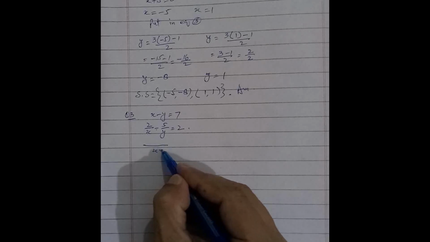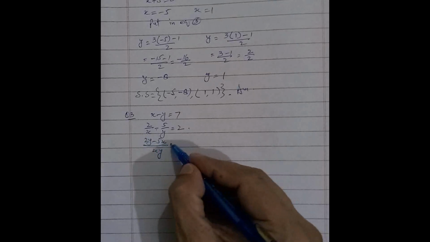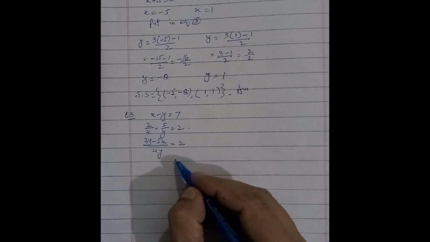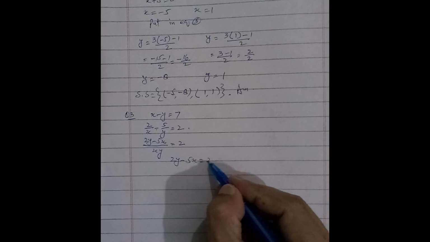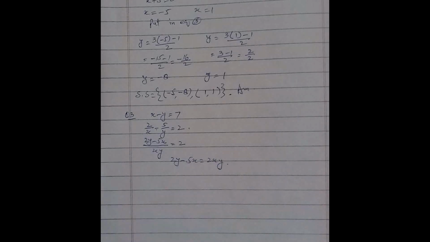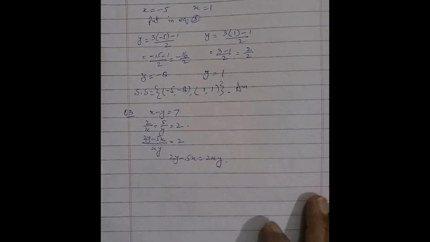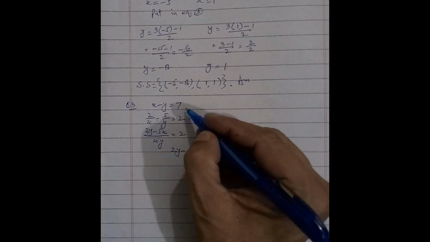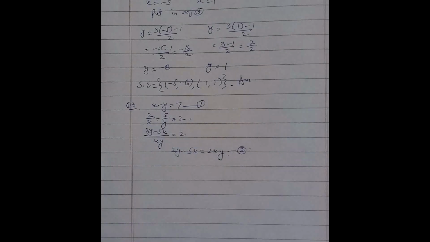Take LCM xy. We have 2y minus 5x over xy is equal to 2, so 2y minus 5x is equal to 2xy. Now this is question 1 and it is question 2.